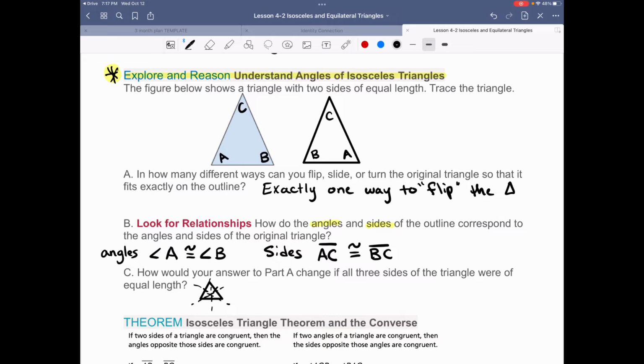So you could flip it three ways. And you could rotate it, two ways, I think. So you could turn it or rotate it two ways.